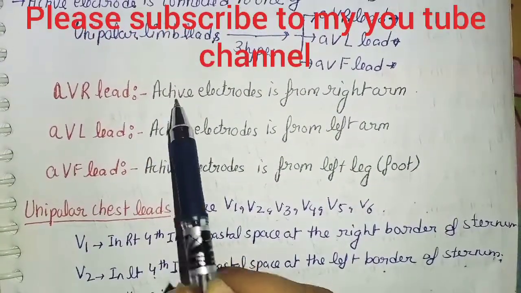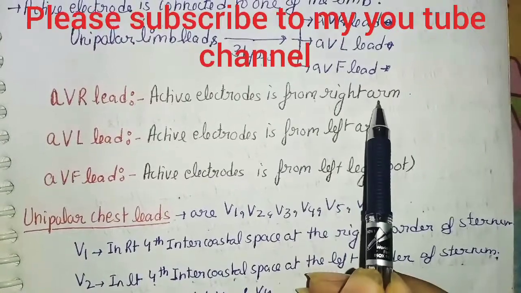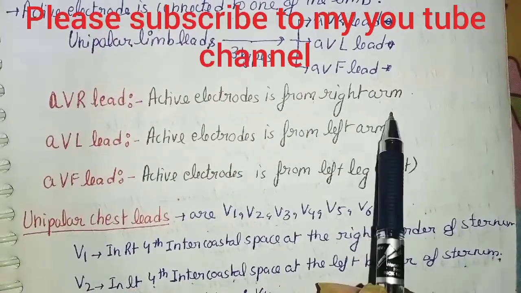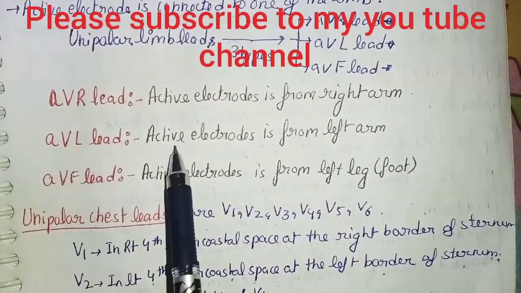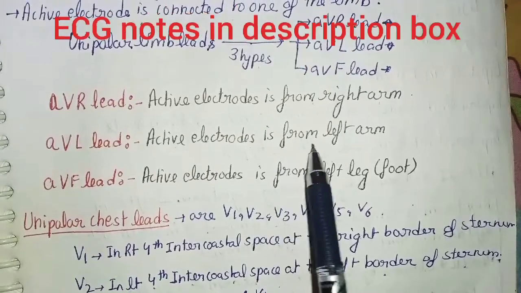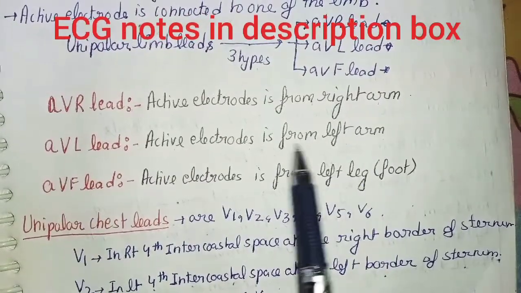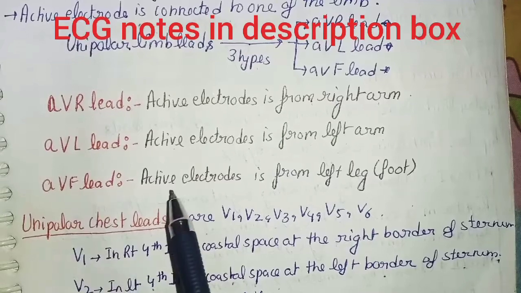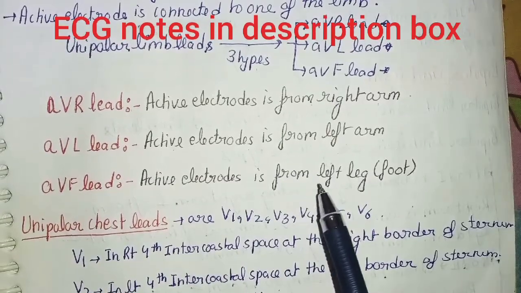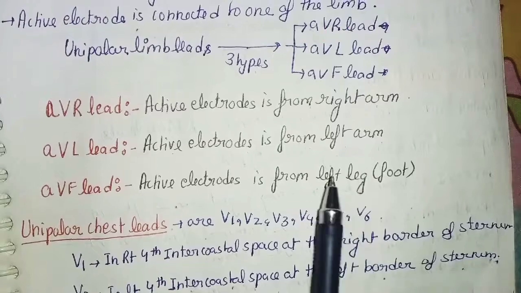AVR lead: the active electrode is on the right arm. AVL lead: the active electrode is on the left arm. AVF lead: the active electrode is on the left leg, that is the foot.